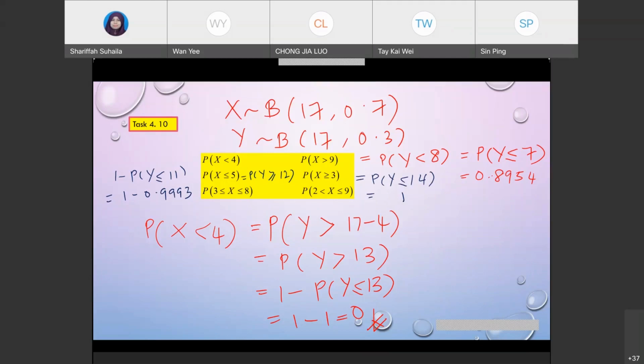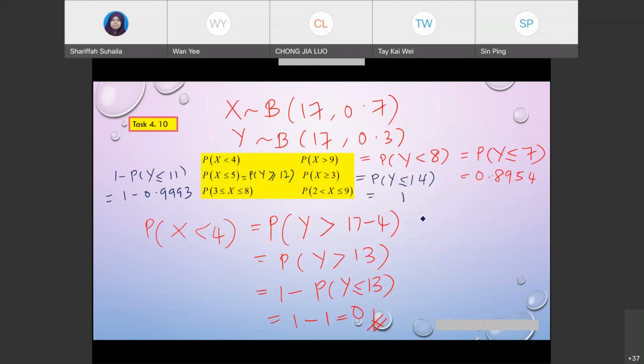Again, x from 3 up to 8. For this one, we do it one by one. Let's say 17 minus 3, so 14. Change your equality too. So 17 minus 8 should be 9. So 9 less or equals to y less or equals to 14.